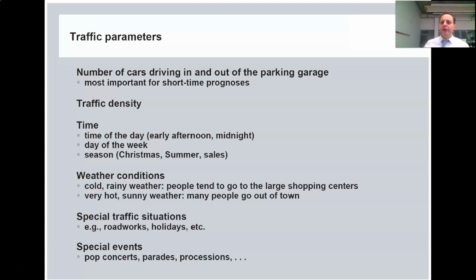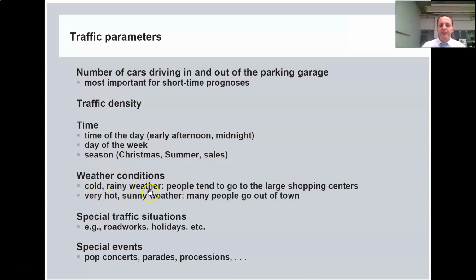And so you need a very accurate system in order to provide what we call the prognosis of your process. Of course, it depends on the traffic density. The time is very important because it depends on the time of the day, so early afternoon, midnight, the day of the week, because it's a working day or a holiday, or again the season, Christmas, summer, sales, weather conditions.